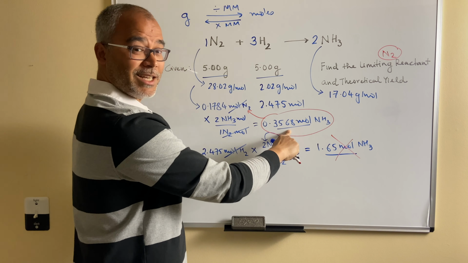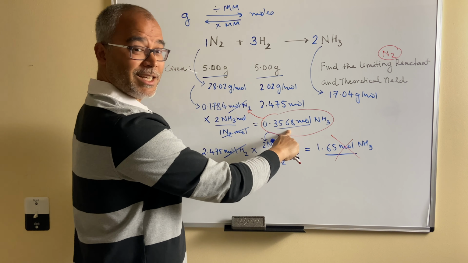So the theoretical yield of NH3 should be 0.3568 moles NH3 times the molar mass of NH3, which is 17.04 grams per mole. And if we calculate that, we're going to get 28.116 grams. This is the theoretical yield, all right? So that is my theoretical yield of ammonia.